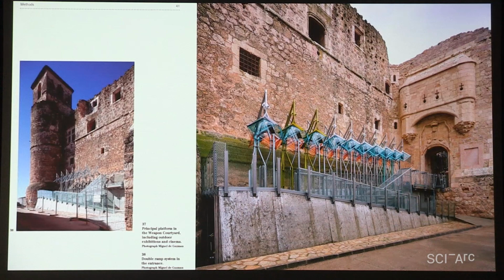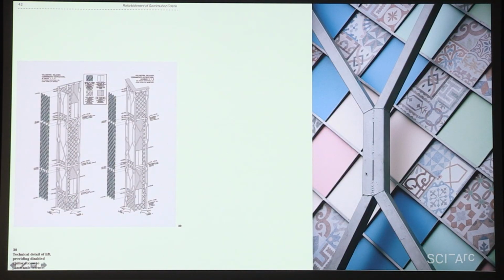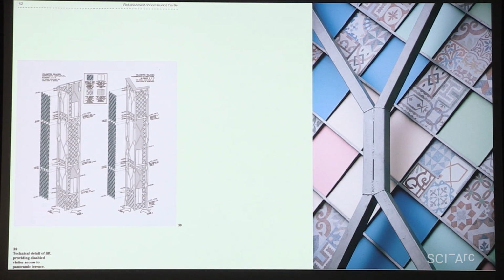And we were trying to look at also these kind of patterns, or avoiding programmatic elements like a hall by introducing this double queue system. One is just for going out, the other is for going up, and it's just requiring some protection from the sun and the rain, but the rest can be open without requiring any kind of energetic consumption.